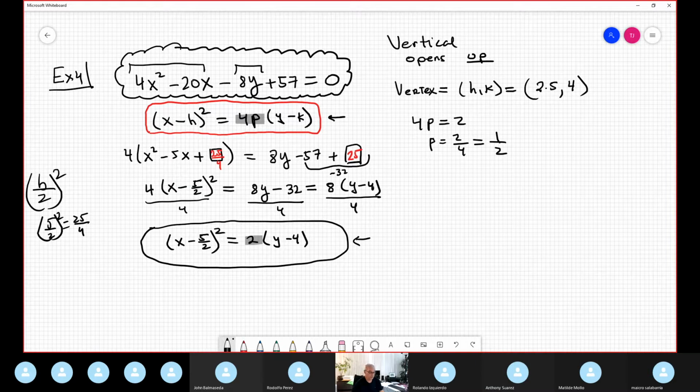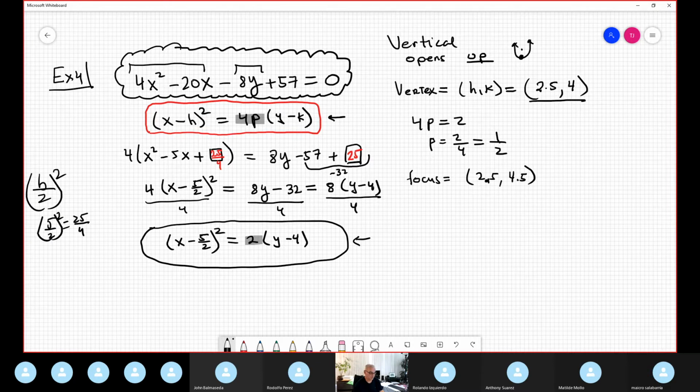Very well. It opens up like that. And this famous point, the focus, is this guy. The focus is inside here, P distance. So you basically add, so the focus is 2.5, comma, 4 plus 1/2 gets 4.5. It's the point: 2.5, 4.5 is the focus.